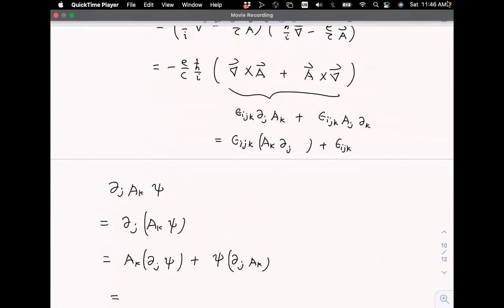You can take away the wave function, because that is the operation.